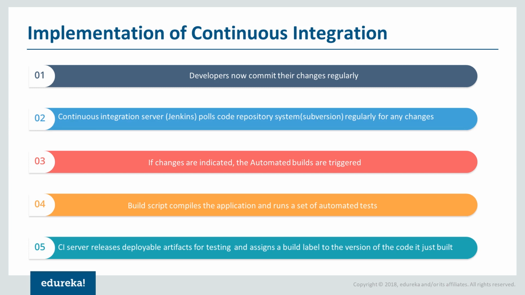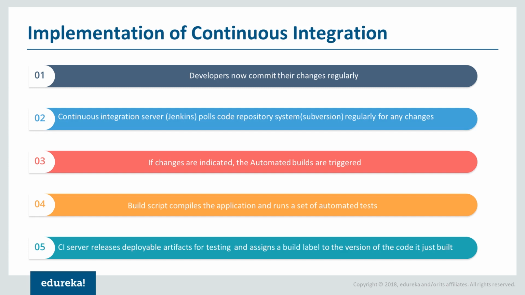If any changes are there in the code base, let's say some developer has committed or something has been changed, the automated build will be triggered, which will of course comprise a number of steps. There will be build steps and multiple testing steps, and the application will go through a set of automated tests which are already predefined, with automated test cases already written for this application.